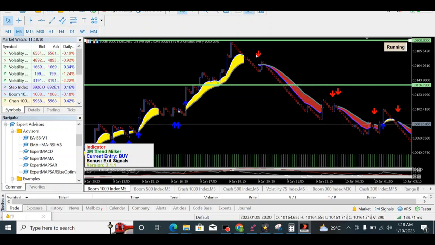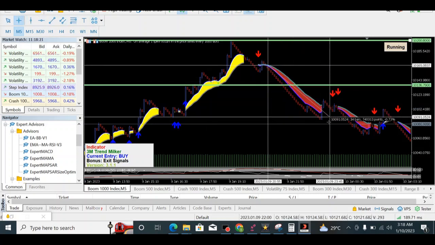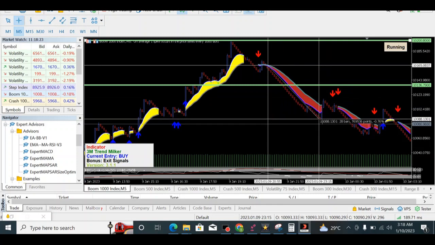This is 5-minute time frame, and we got a sell signal around there, and the red flag came up, and you can easily come in and trade because the market is within the right trend at that particular point. It is within the sell trend, so you can easily sell there.